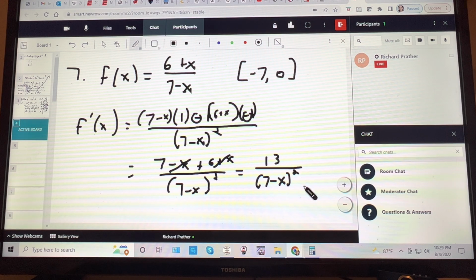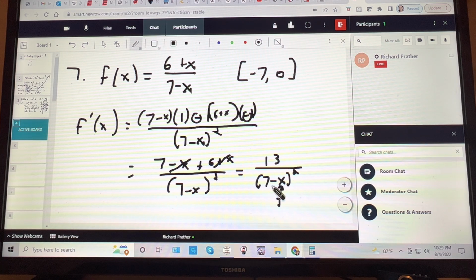So what would make this equal 0 or be undefined? A fraction is 0 when the top only is 0. And it's undefined when the bottom is 0. The top can never be 0 because it's always going to be a 13. And the bottom would only be 0 when x equaled 7.